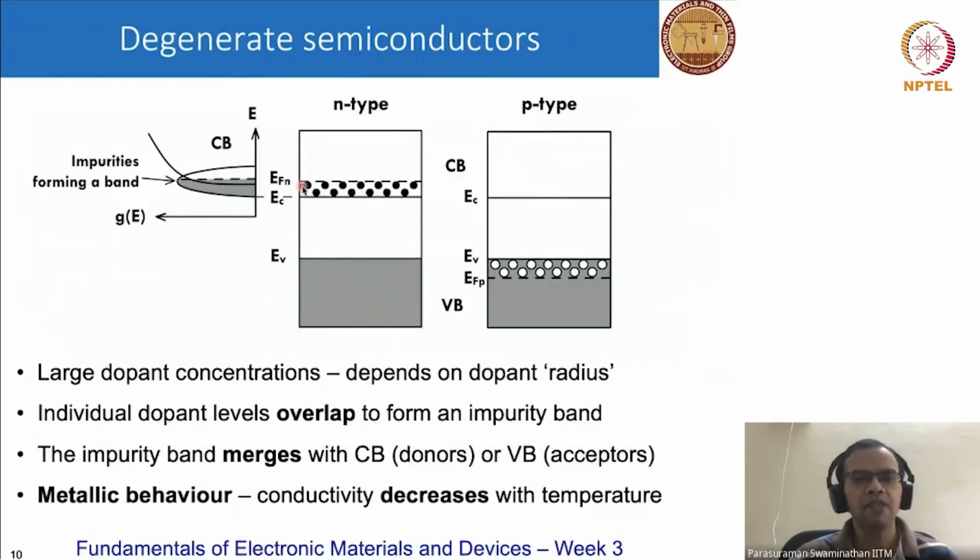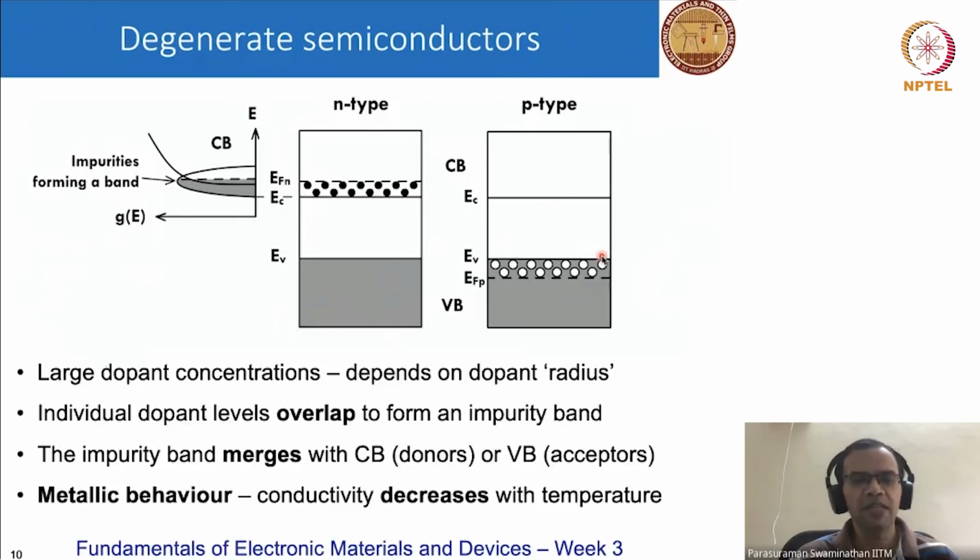We also have a situation where we dope a large amount of dopant, whether it's N-type or P-type. At large dopant concentrations, the impurity level, remember the impurity level is close to either the conduction band or the valence band, merges with the bands, and together we have a continuous band either close to the conduction band or close to the valence band.